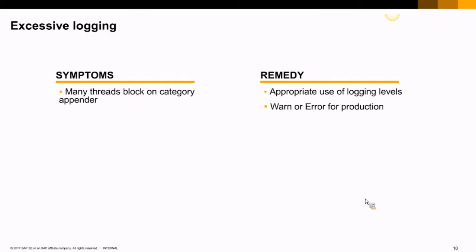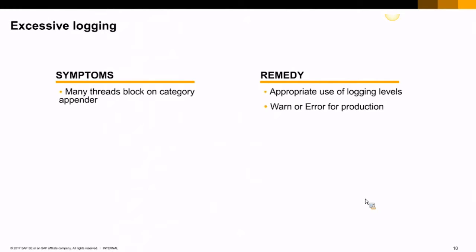The last advice, we have a long list, but for this webinar, this one will be the last one. You will be surprised how much the logging with Log4j can be performance impacting.